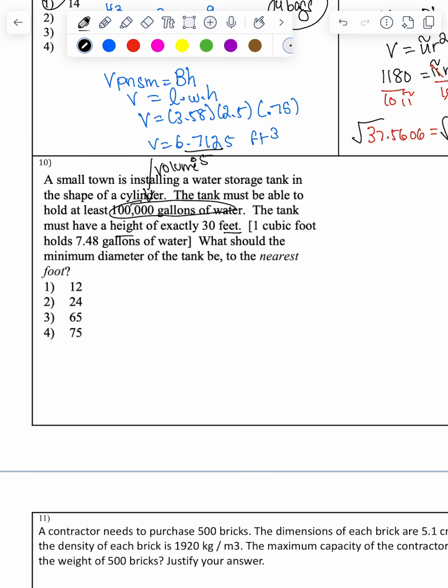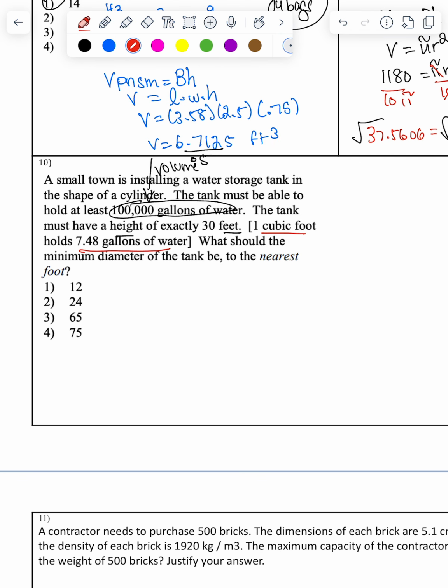And also, they do provide us with this conversion here from cubic feet to gallons. So that also is telling me that we are going to need to do a conversion. I am going to have to convert from the gallons to the feet. So I'm going to do that first off before I even get started.